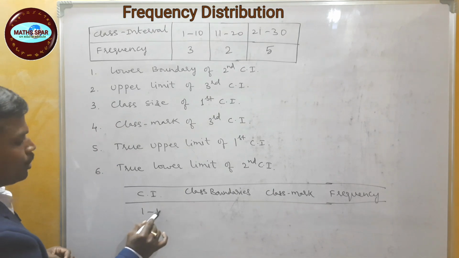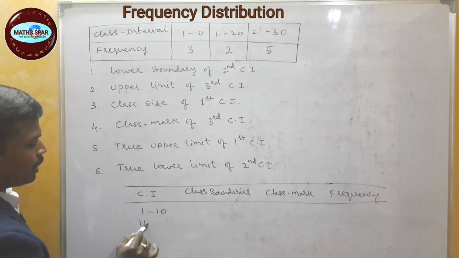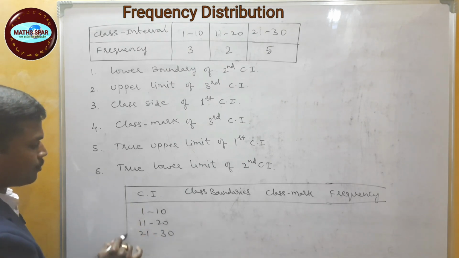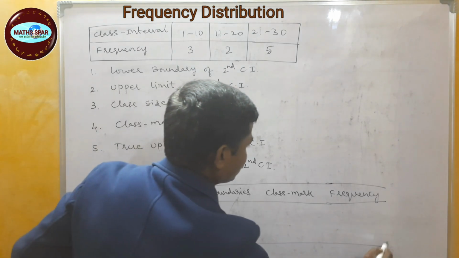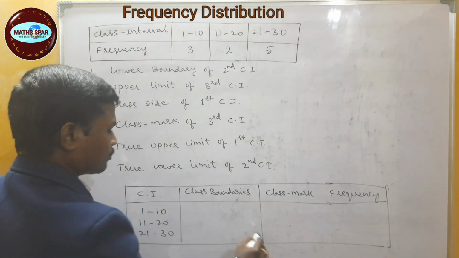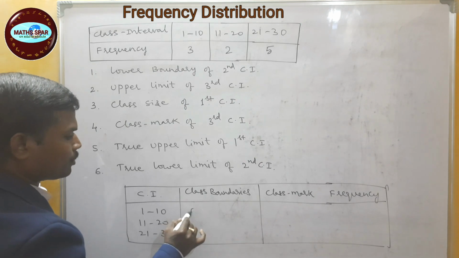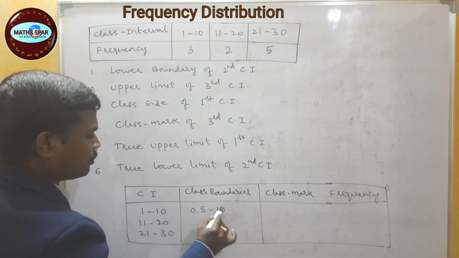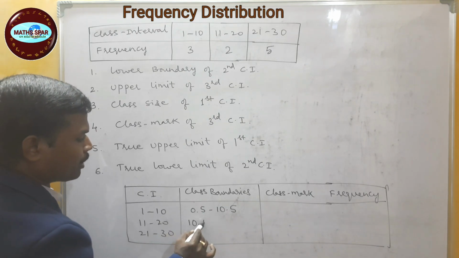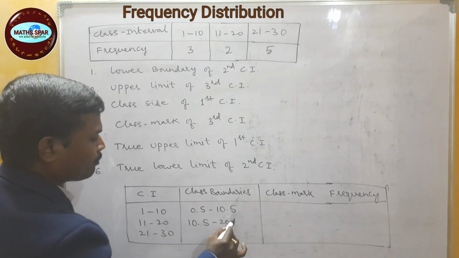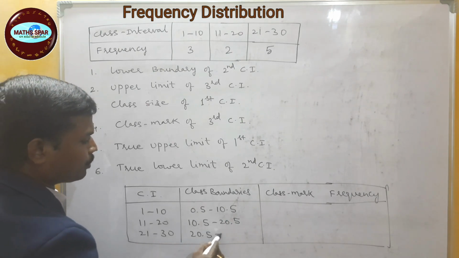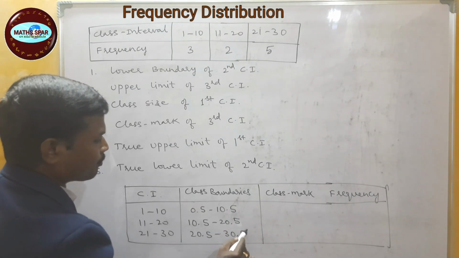Now first 1 to 10, then 11 to 20, 21 to 30. Then class boundaries: 1 to 10, you write as 0.5 to 10.5. 11 to 20, you write as 10.5 to 20.5. 21 to 30, you write as 20.5 to 30.5.